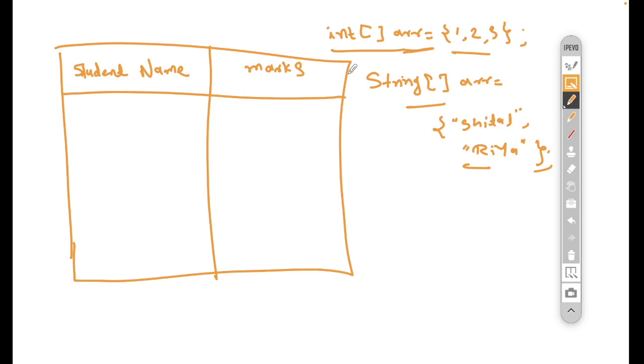Okay, so that's the reason in the collection framework they have introduced one concept, we call it a hash map. Okay, now let me delete this. And this hash map is used to store key value pairs.